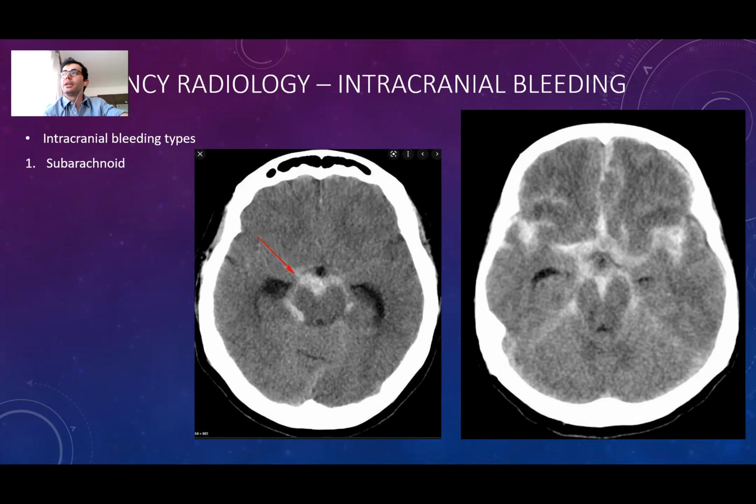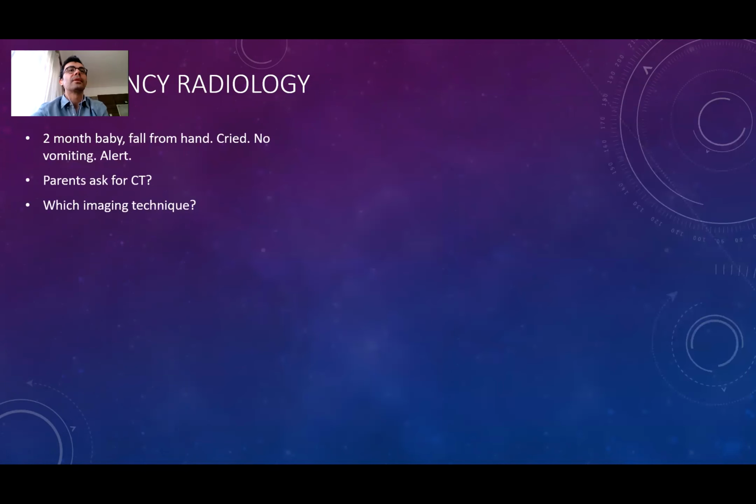You should always think of aneurysmal bleeding in a case of extensive subarachnoid hemorrhage like this, because the main trunks of the cerebral arteries usually run through the cerebrospinal fluid space. So when there is extensive bleeding in the subarachnoid space, always think of aneurysmal bleeding, and you have to make another imaging, like MRI angiography, catheter angiography or something. Okay.